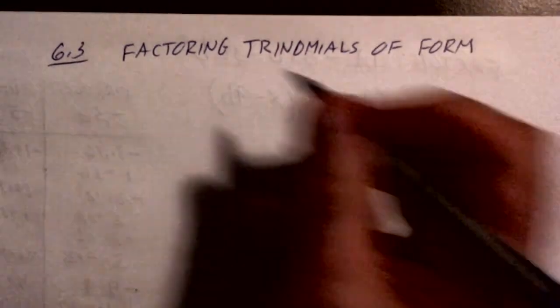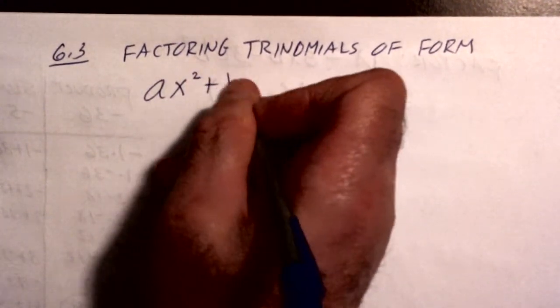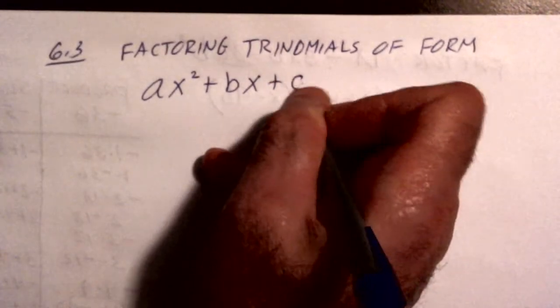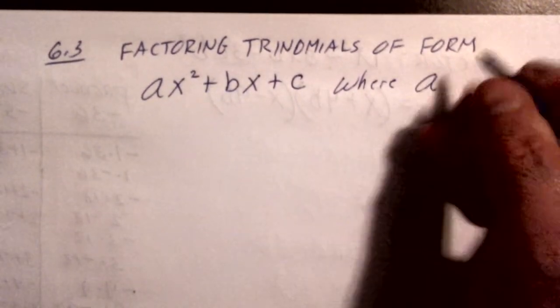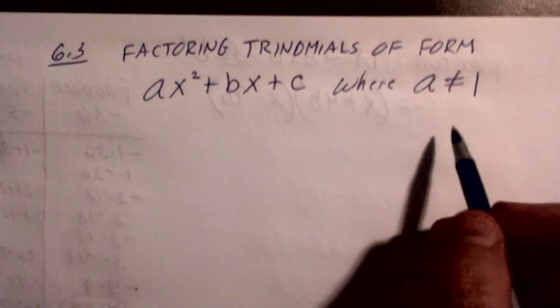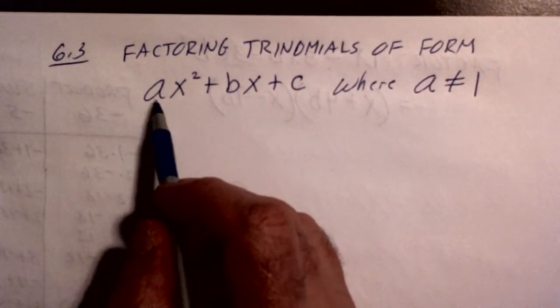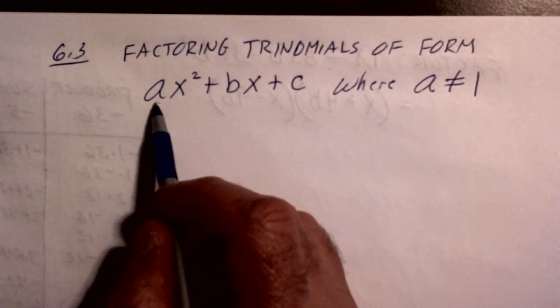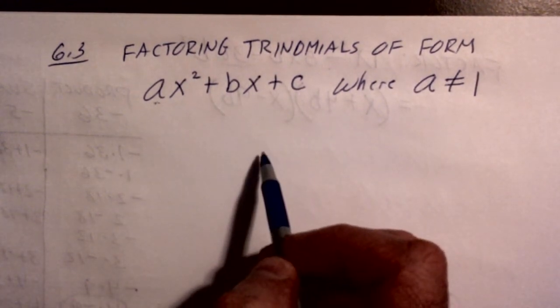And these trinomials are going to be of the form ax squared plus bx plus c, where a, the leading coefficient, is no longer equal to 1. So these are going to be the difficult types of trinomials to factor. We no longer are going to have a leading coefficient of 1. To factor these types of trinomials is a little bit more involved.